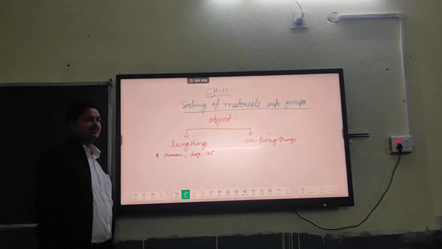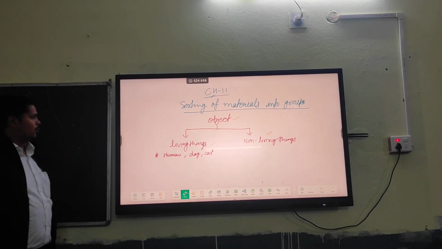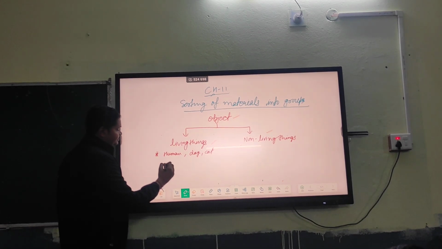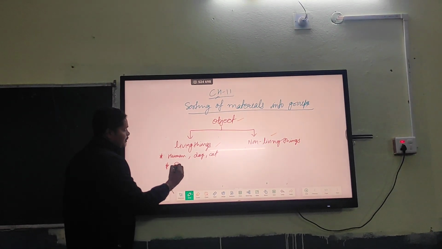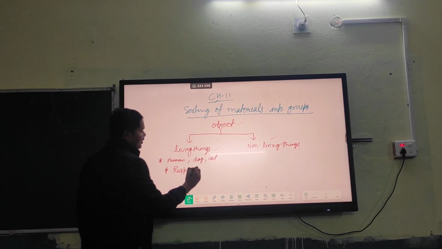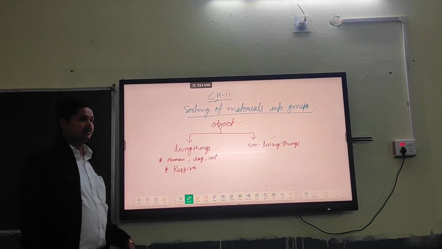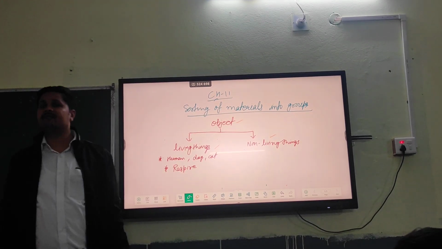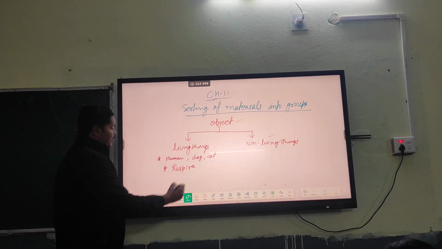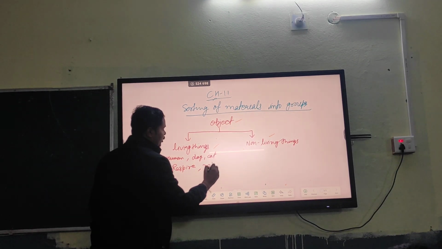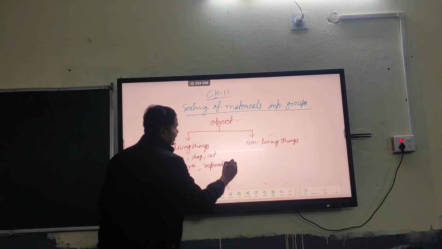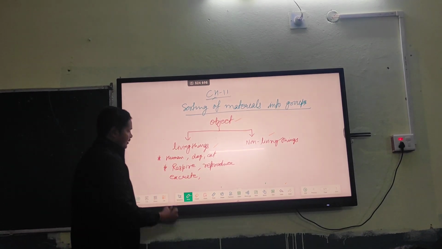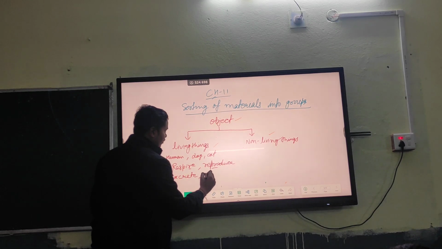We see the characteristics. What do they generally do? They can respire. Respiration is taking breath, the process in which food is mixed with oxygen and blood to give energy. Respire, reproduce, excrete, and move.